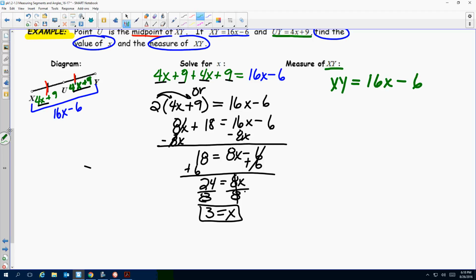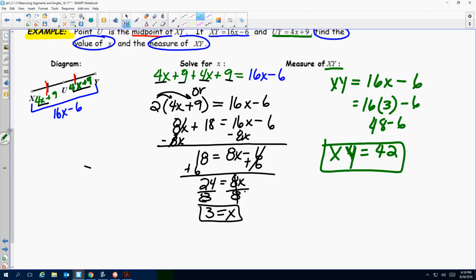So we are going to plug that in. We're going to do 16 times 3 minus 6. Well, we get 48 minus 6. So now you can tell me that XY is 42. Okay? And we have solved the equation.